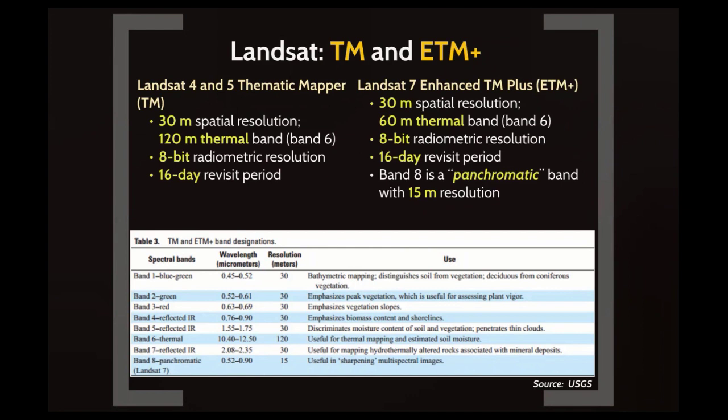So for the panchromatic band, we talked about the trade-off between spatial resolution and spectral resolution. The panchromatic band actually uses the whole visible portion, including the near infrared portion.